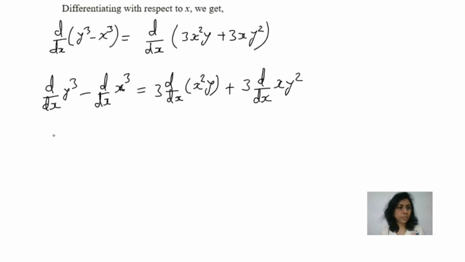When we differentiate y cube, here 3 y to the power 3 minus 1, that is 2, and dy upon dx using chain rule. And when we differentiate x cube, we get 3x square.